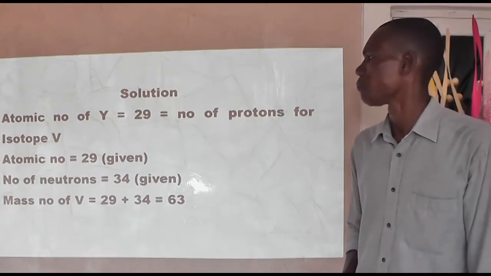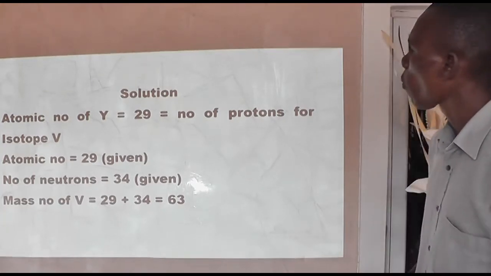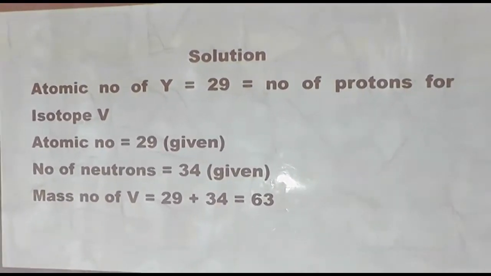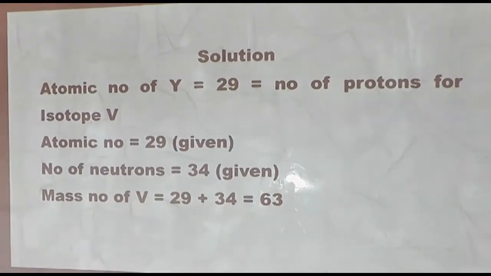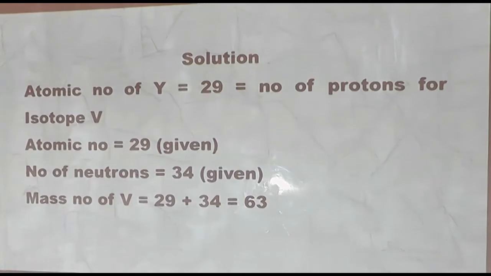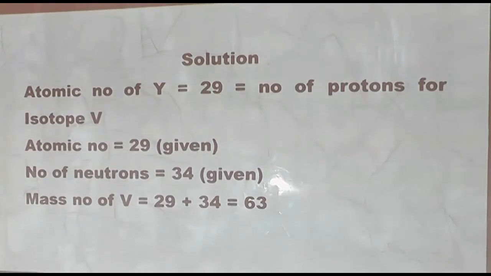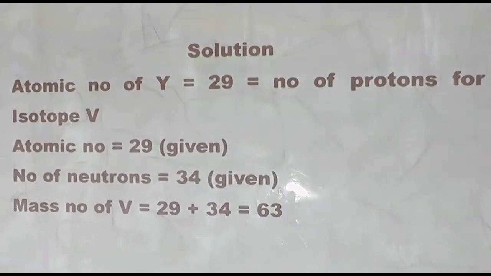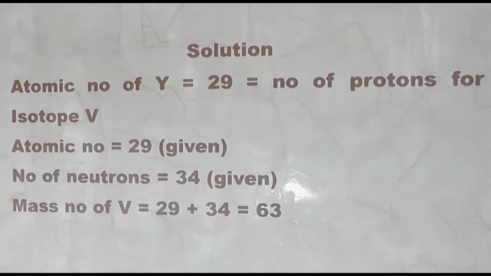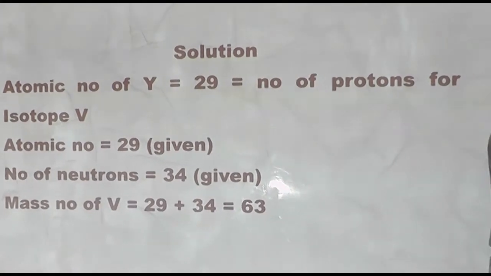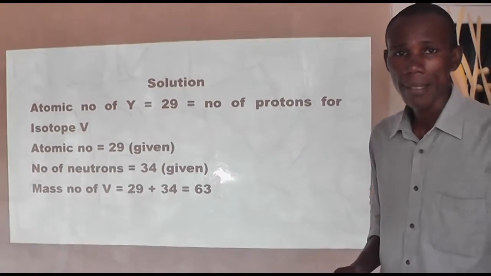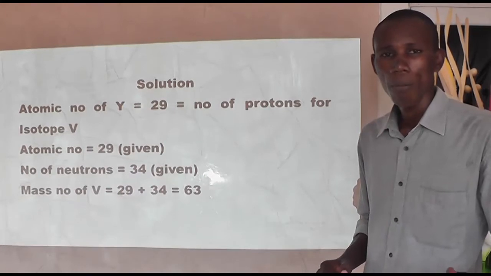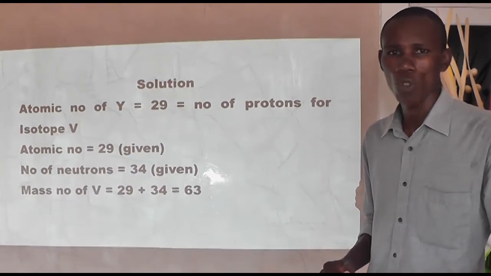As a way of solution, the atomic number of Y is given as 29, which is the number of protons for isotope V. Remember that we said that atoms of the same element with the same atomic numbers but different atomic masses are isotopes.